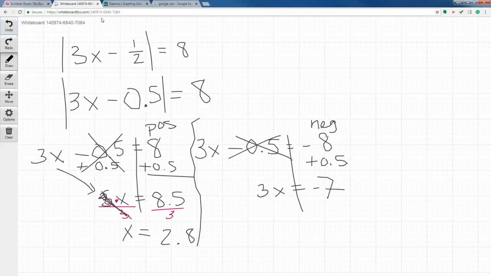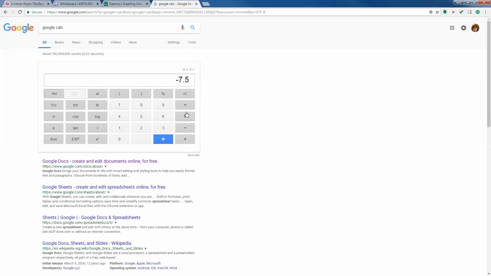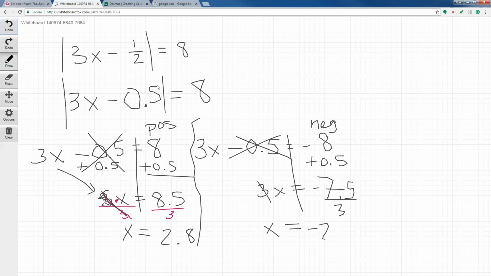We still added that, different answer. And then we still do the opposite of divide by 3. Again, if you don't want to write it on the left, you know, I cancel that, do the division on the other side. And then -7.5 divided by 3 is -2.5. So now we have our two answers.